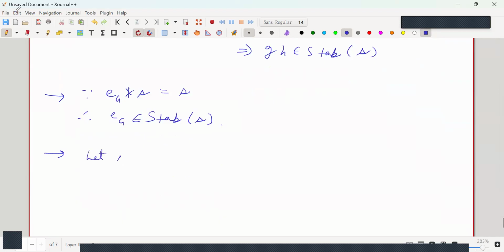Let g belong to the stabilizer of s. Then, as you pointed out, we can use the compatibility of the group action with the group operation.